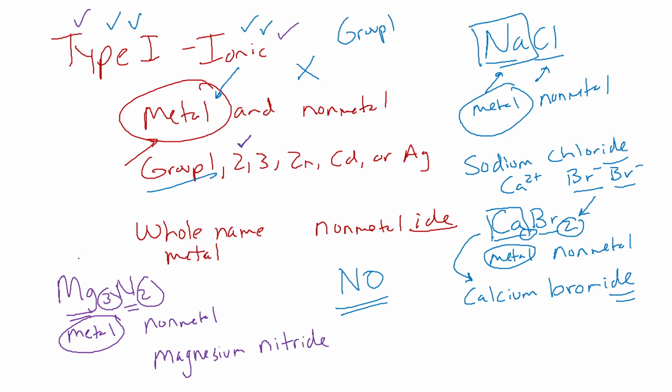So now what happens though if we have the name and we want to write the formula? So let's just say we had potassium oxide. And maybe we'll do, how about hydrogen chloride?